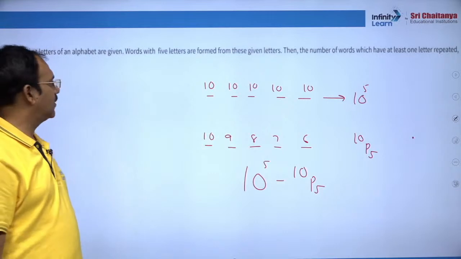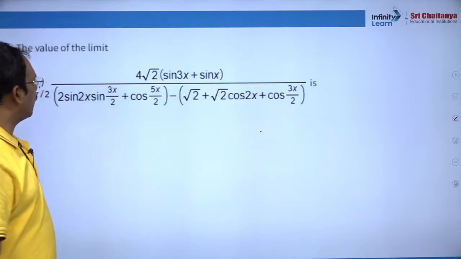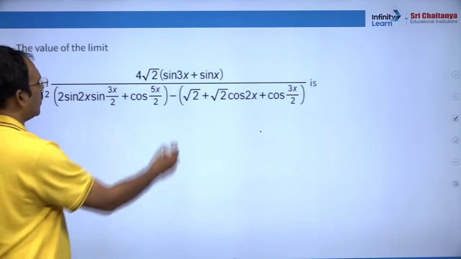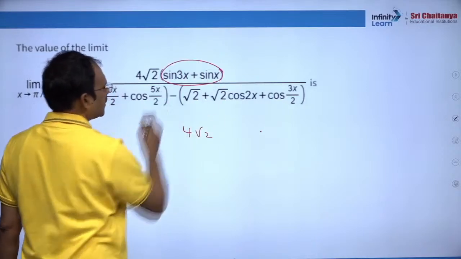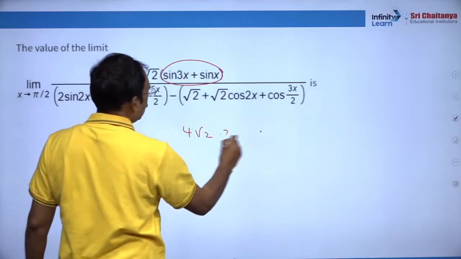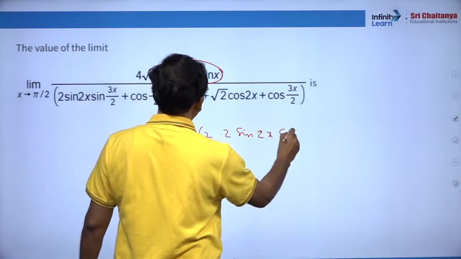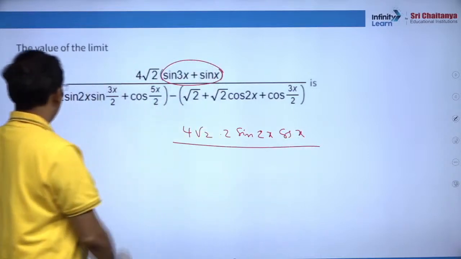That is it. Next, friends, this is a simple limit. Limit x extends to pi by 2. If you substitute, you will get 0 by 0. What you can do here is, for 4 root 2 into sin c plus sin d, you apply the formula. You will get 2 sin (c plus d)/2 cos (c minus d)/2.